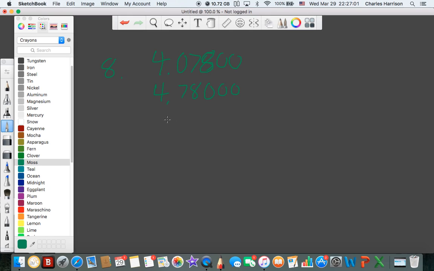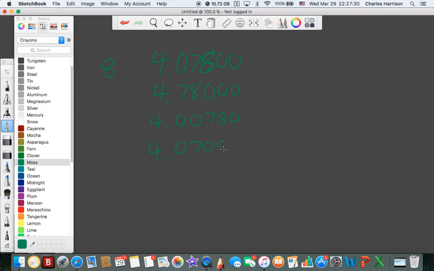And then the next one is 4.00. 4.0078, and we can add another 0, so it's 5 digits, 5 place values. And then we can write this one as 4. Oh, hold on, did I skip one? Let me see here. No, I'm good.